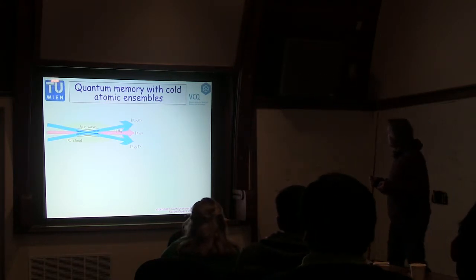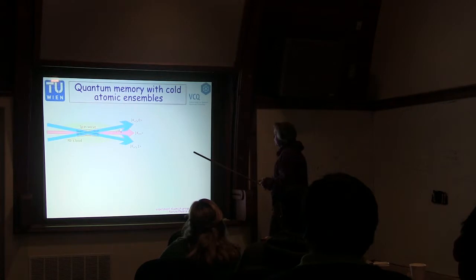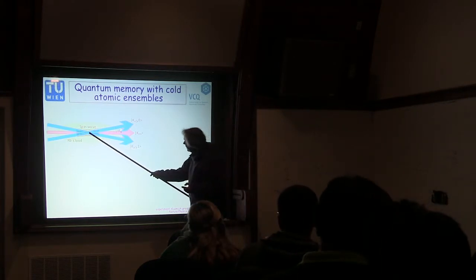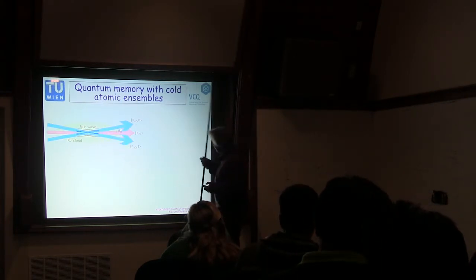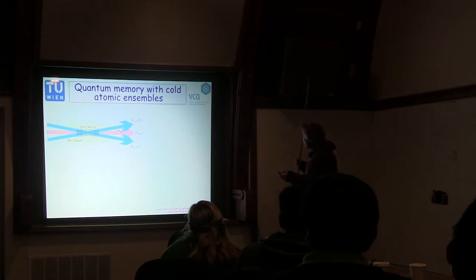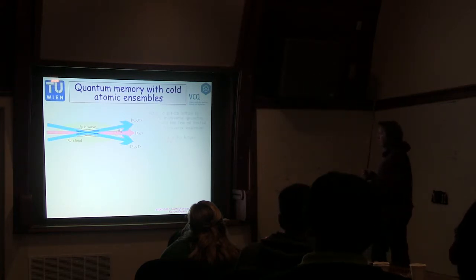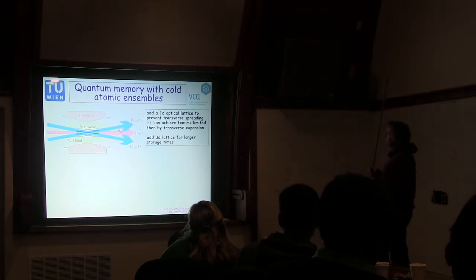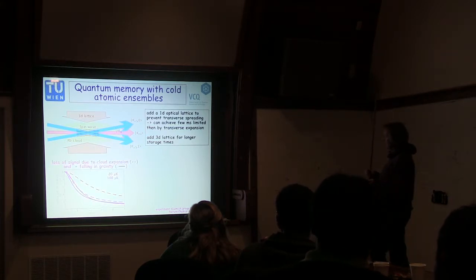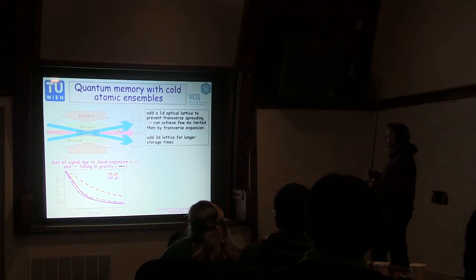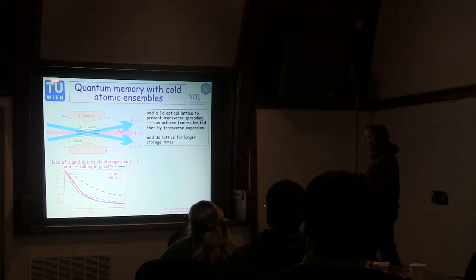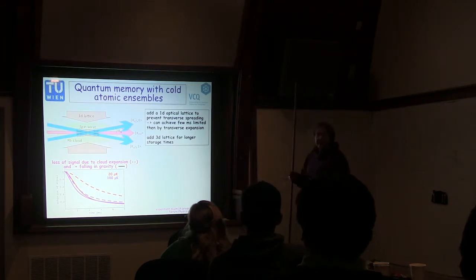The basic reason is that these different momenta create spin waves that are tilted, and when the atoms move, they basically destroy that. So what you can do is put the atoms in a lattice. Then you find that in a two-level atom it will work nicely. In a real atom it doesn't work nicely.